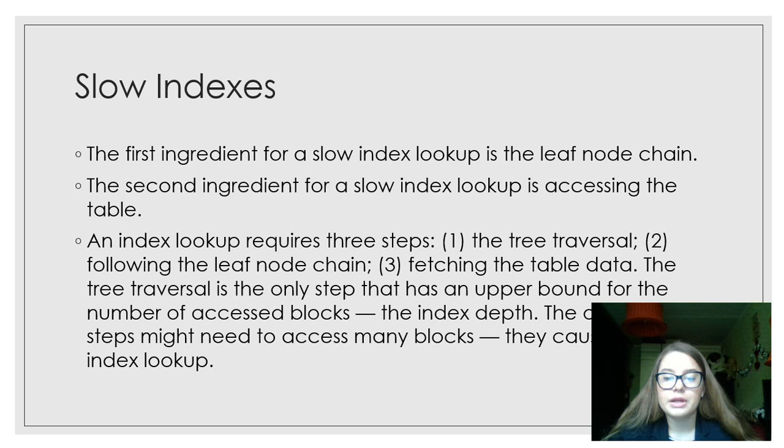As a result, an index lookup requires three steps: the tree traversal, following the leaf node chain, fetching the table data. The tree traversal is the only step that has an upper bound for the number of accessed blocks, the index depth. The other two steps might need to access many blocks. They cause a slow index lookup.